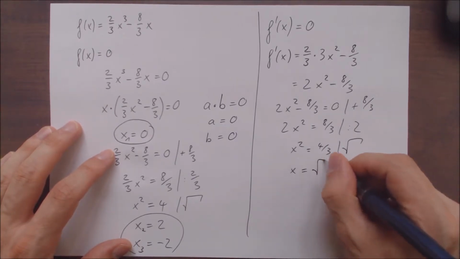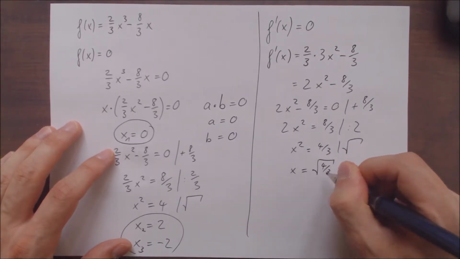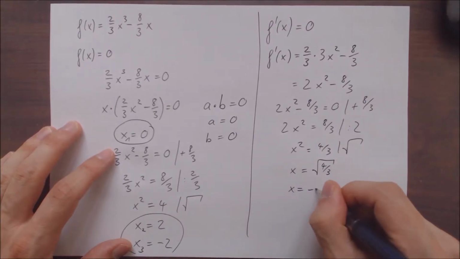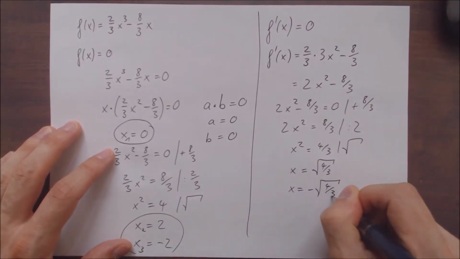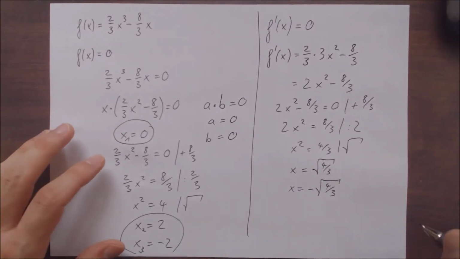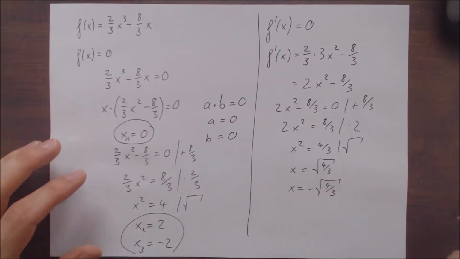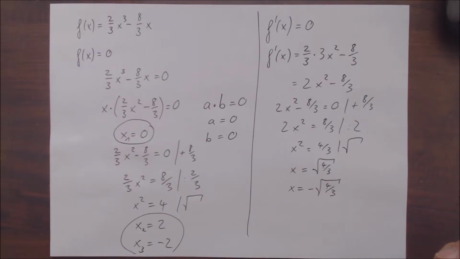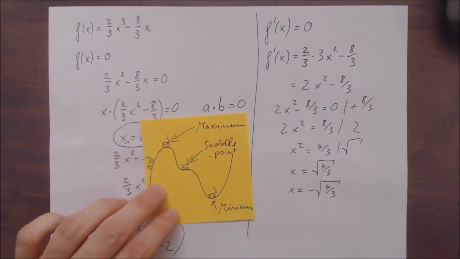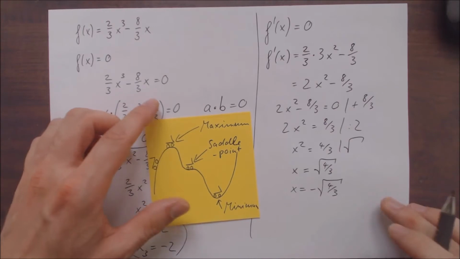So first you have plus square root of 4/3, and then you have minus square root of 4/3. These are the two places where we have the stationary points. Now we want to find out what kind of stationary points that is. As I said before, we have three different types of stationary points: maximum, saddle point, and minimum.